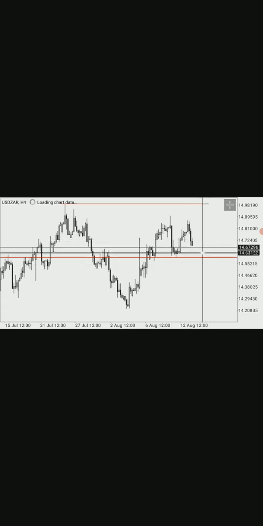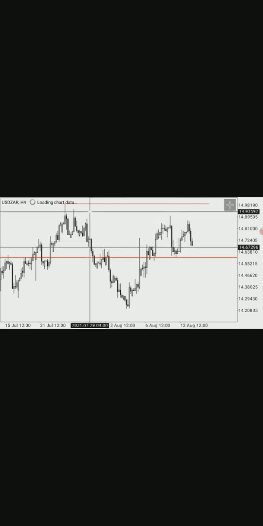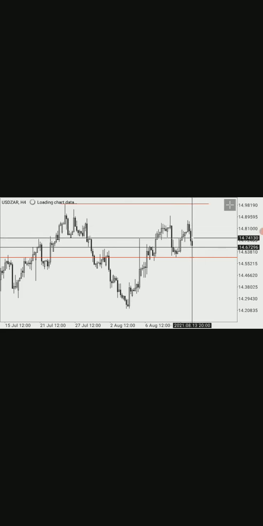But if it comes here and finds support around this particular order block, which is really not that strong, then we could see these highs taken, and then ultimately this high. So that's the two scenarios that could likely occur.